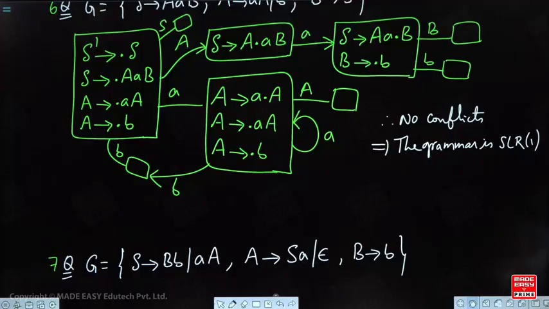Completely easy part. Then every one of you must get either not SLR of 1 or SLR of 1. You should not get different answers. Aryan Jaishwal, you are saying SLR of 1. Many others are saying not SLR of 1.